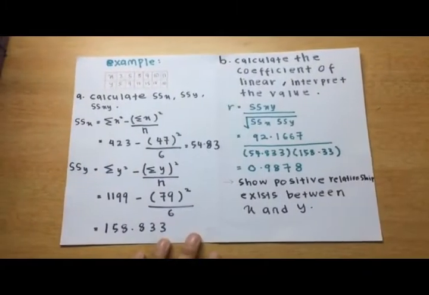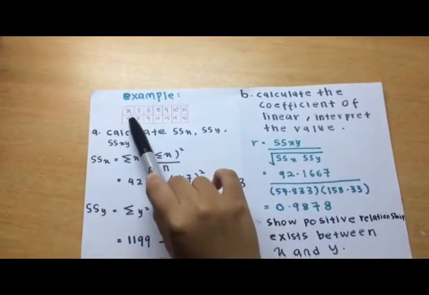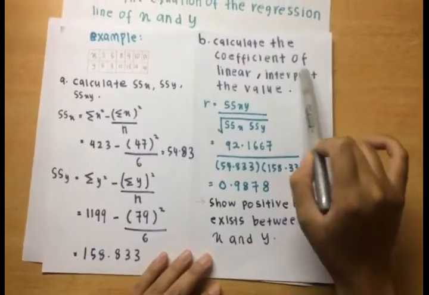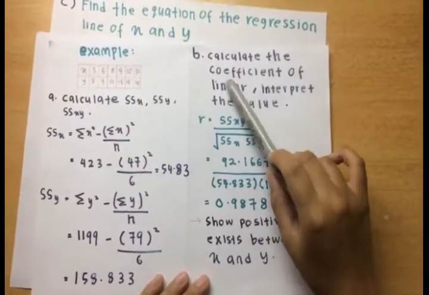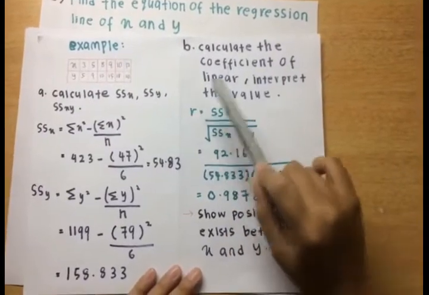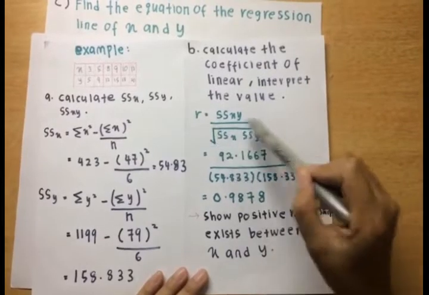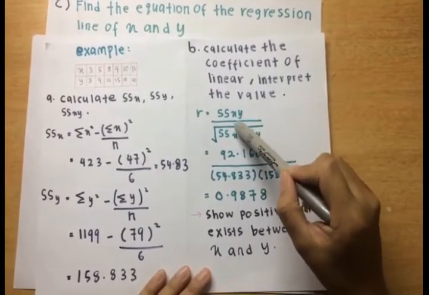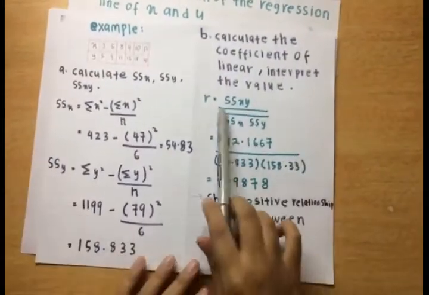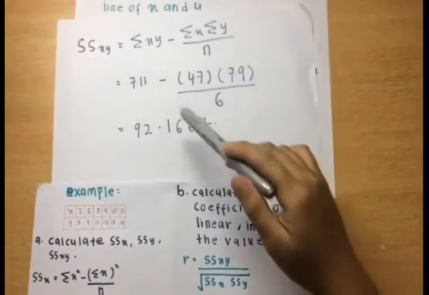So next we move to the example. This is the table. For part B, calculate the coefficient of linear correlation and interpret the value. The coefficient of linear correlation is R. The formula for R is SSXY divided by the square root of SSX multiplied by SSY. The values of SSXY, SSX and SSY we got from the previous question.